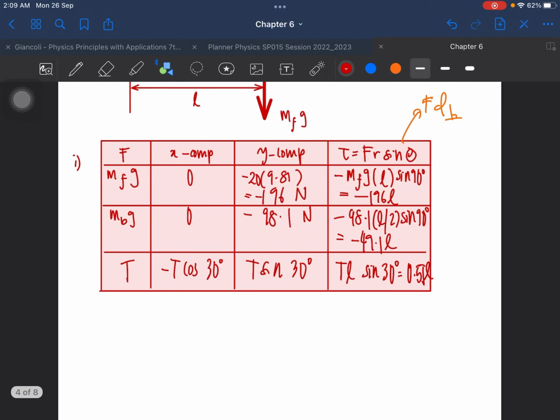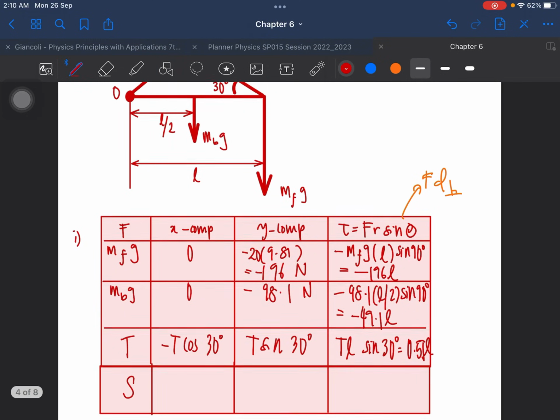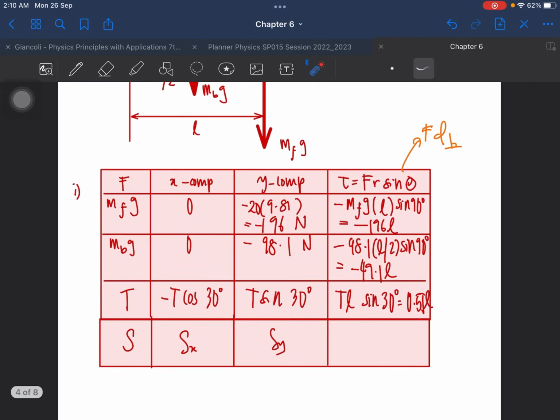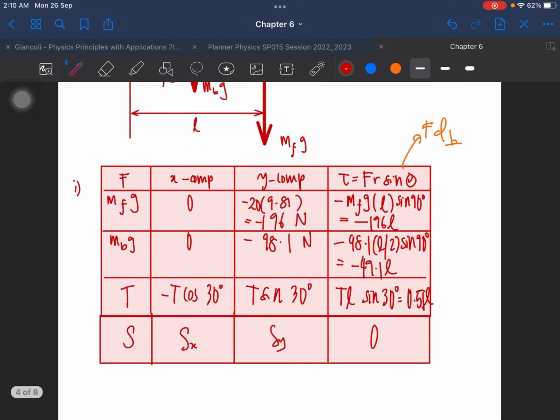Okay, then lastly we have to consider the shear force as well. So for the shear force, we have Sx and Sy. We are only able to label it that way lah sebab kita tidak tahu the angle semua. And then the torque, since it is at the rotation axis, the torque will be equal to 0. Alright? Okay.